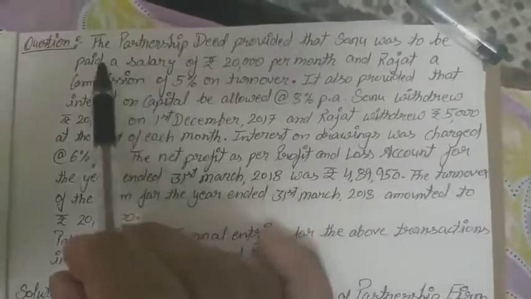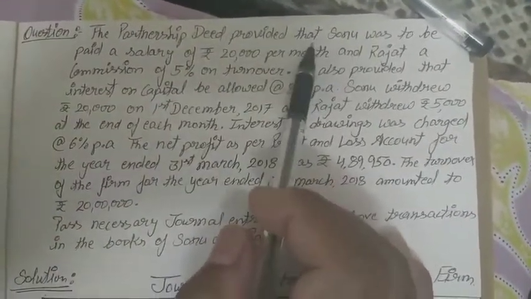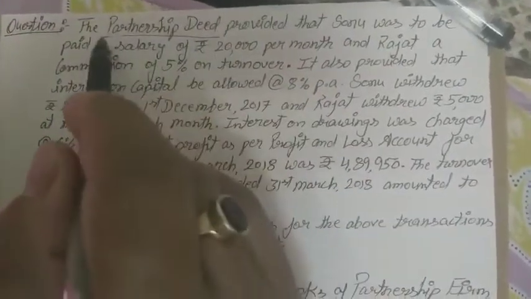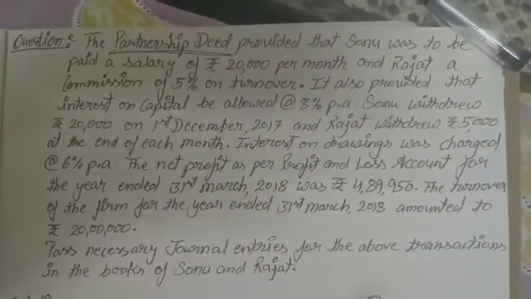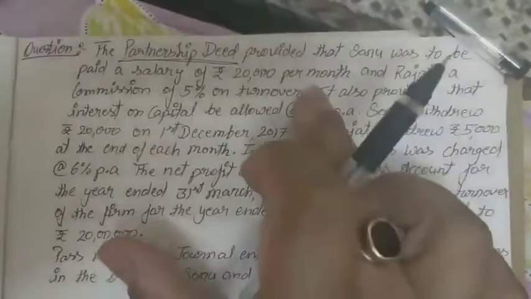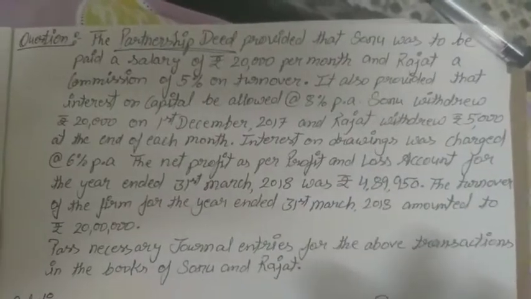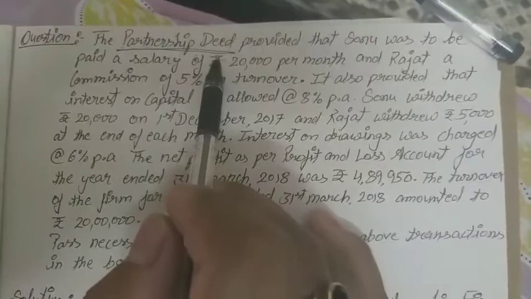The question is that the partnership deed provided that... This line is clear first to us: there is a partnership deed, no absence of partnership deed. Whatever the agreement is given in this question, all of it has to be fulfilled.